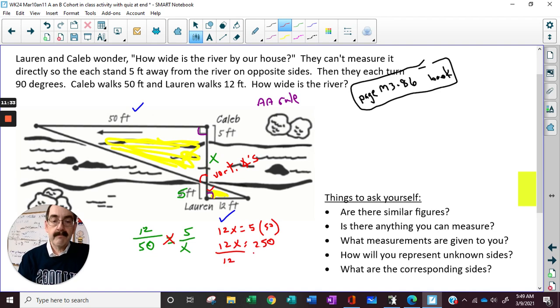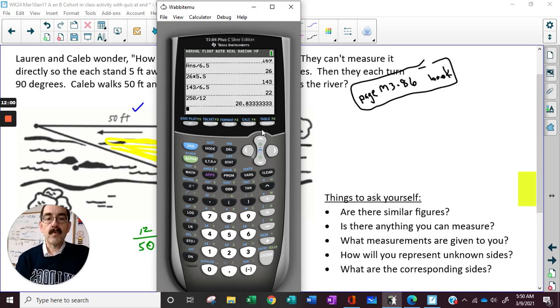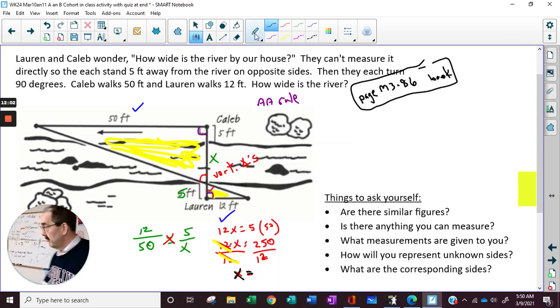Opposite of multiply. Chant it. Divide, divide, divide. And lo and behold, x is going to be equal to, and we can grab our calculator, 250 divided by 12 is 20.8333.